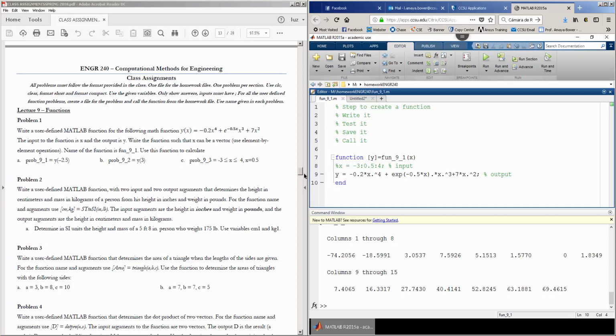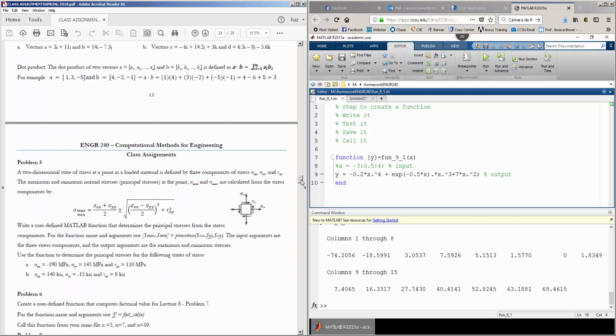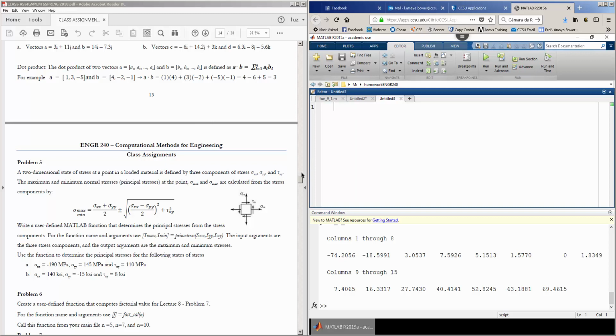Okay? So let's try now, for example, problem 5. So we're going to go to another window. And in this case, we have to calculate the value of the stresses using the values that are given. So once again, we provide a value.